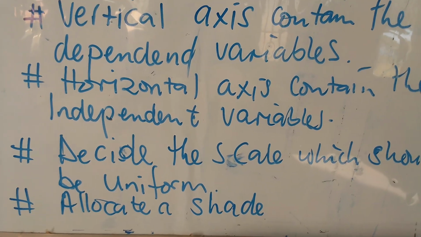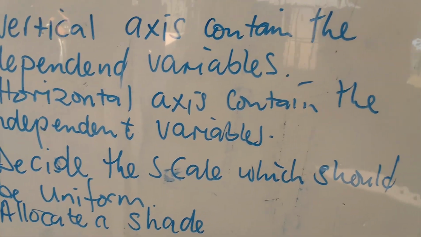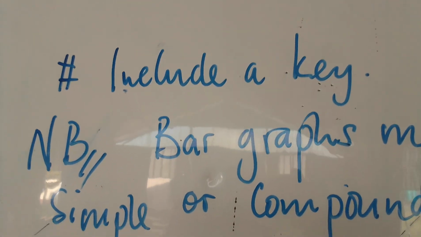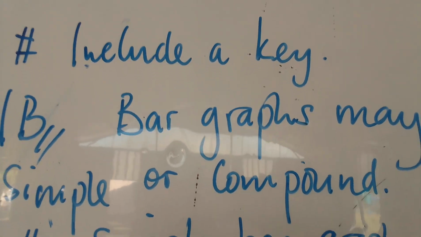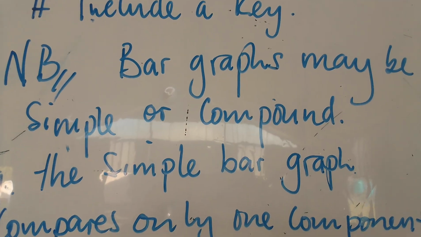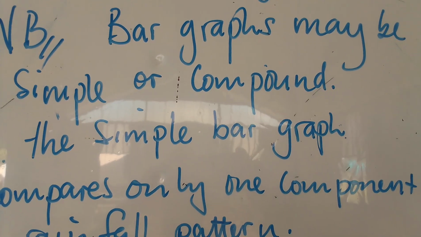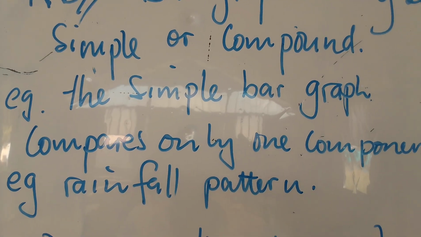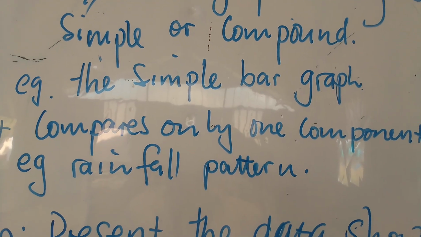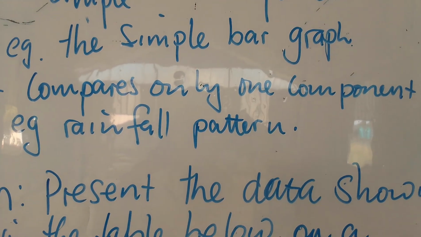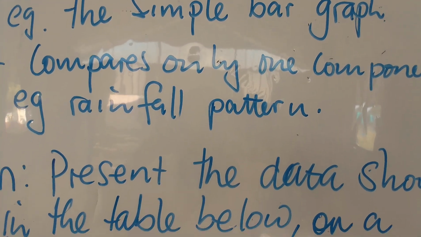After that, you also need a key. Bar graphs may be simple or compound. We are going to deal with a simple bar graph today. A simple bar graph compares only one component, for example, the rainfall pattern.